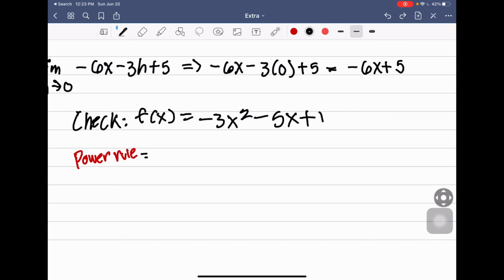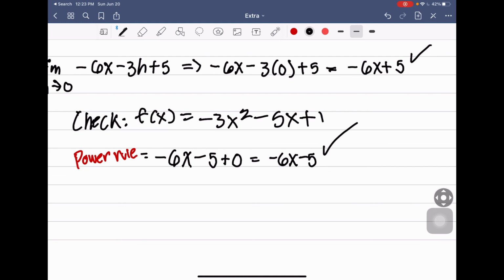So we have 2 times 3, which is 6x. 2 minus 1 is just 1, so we don't need to put anything. And then minus 5x, the derivative of 5x is just 5, and then the derivative of a constant is always 0, which gives negative 6x minus 5.